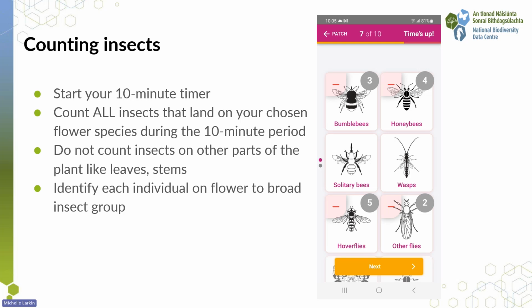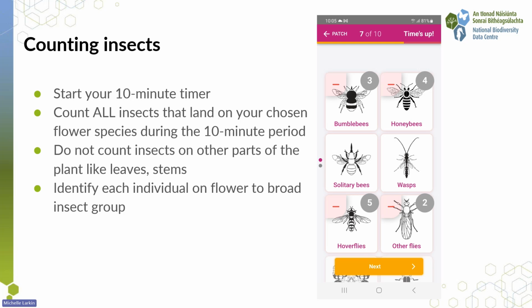Don't count any of the insects that might be on other parts of the plant, like their leaves and stems. So only when they're actually on the flower themselves. And a great thing about this is that you don't have to identify anything to species level. Everything is grouped into broad insect groups. I'll get into those in a minute.